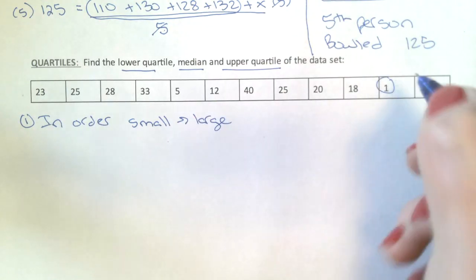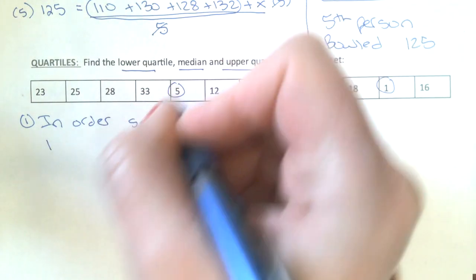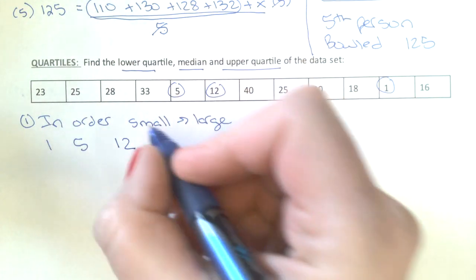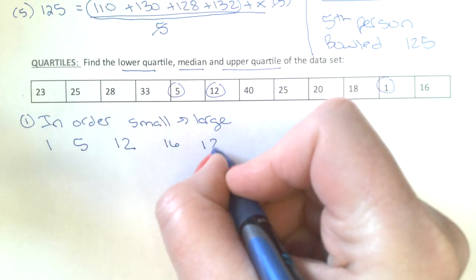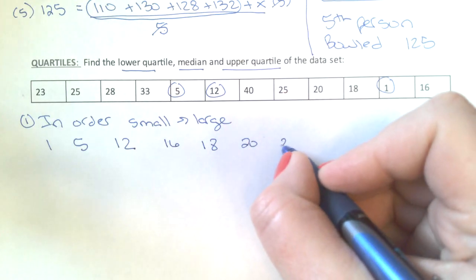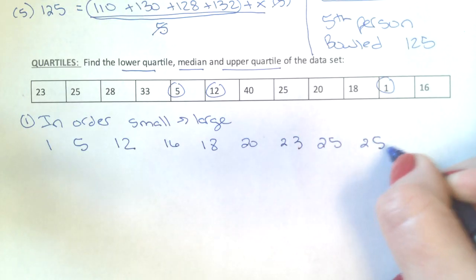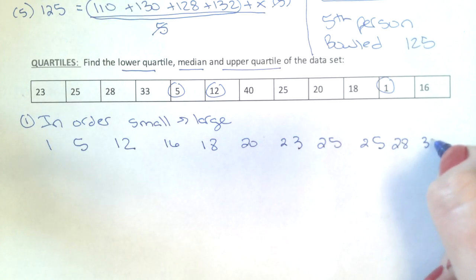All right, so I have a 1, and then a 5, 12, 16, 18, 20, 23, 25, 25, 28, 33, and 40.